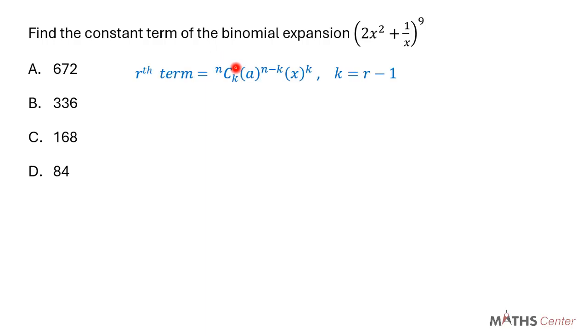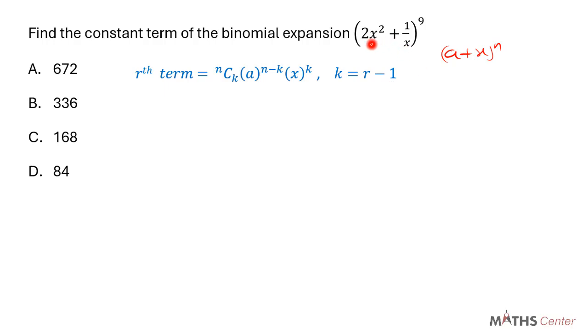We have learned that if you have a binomial expression of the form a plus x exponent n, then a term in the binomial expansion, that is the rth term, will be given by the formula n combination k, a exponent n minus k, x exponent k, where k is equal to r minus 1.